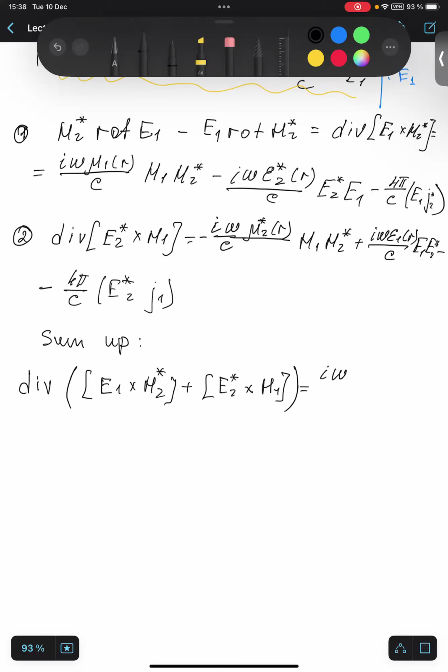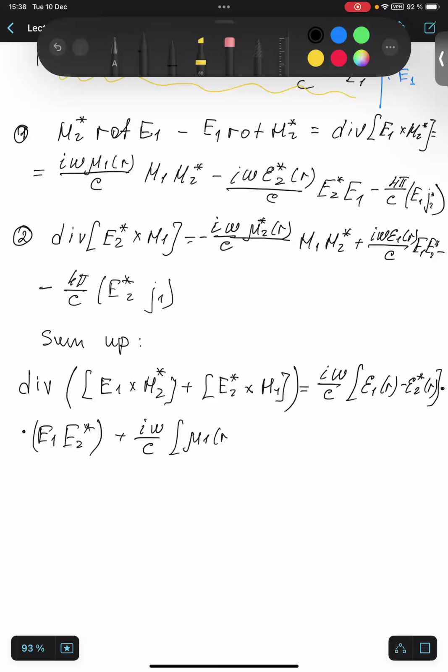So we can combine some parts: epsilon 1 r minus epsilon 2 conjugated r, multiplied by E1 conjugated, I omega over C. The same thing with mu, the magnetic field.